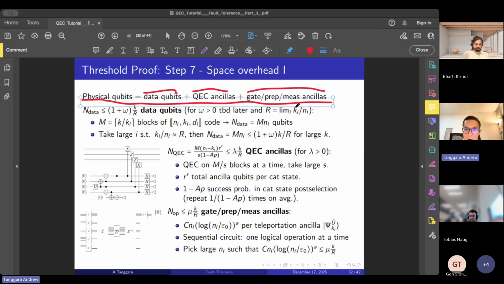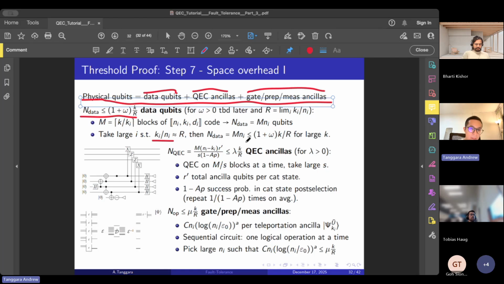So first we want to look at the data qubits. This is what we get, and that's basically from observing the number of blocks that we use and taking a large l such that the rate of the code that we're using is very close to the asymptotic encoding rate.